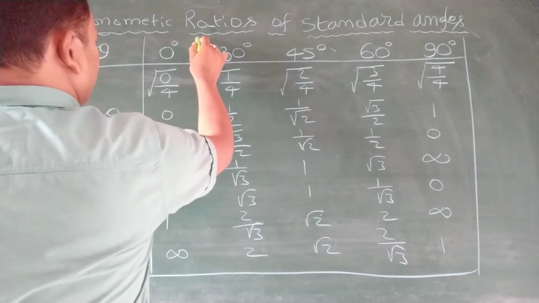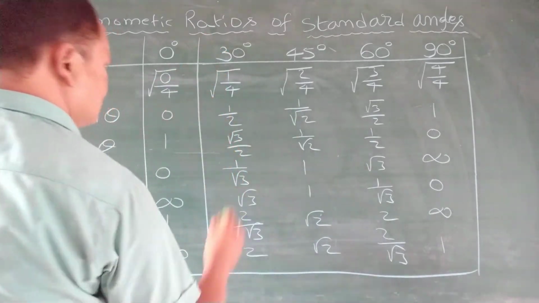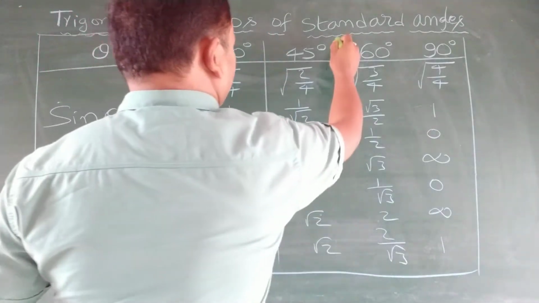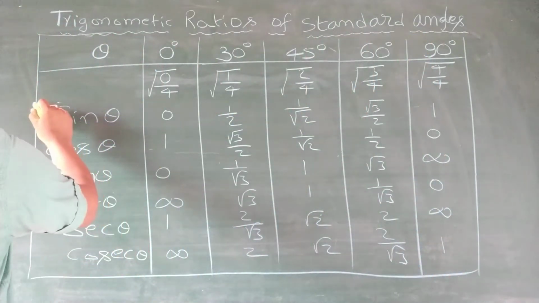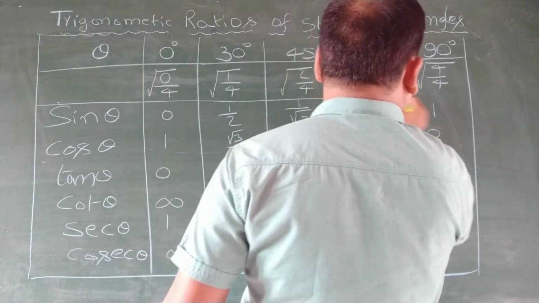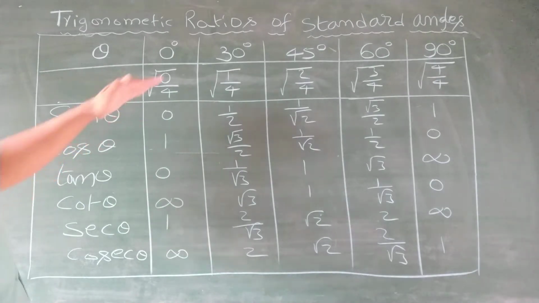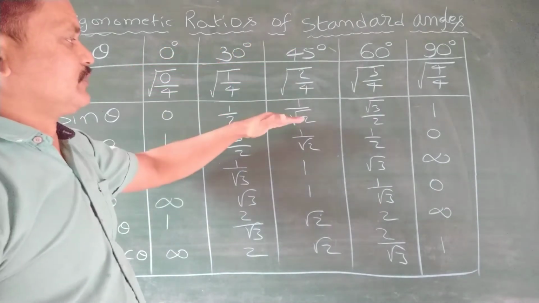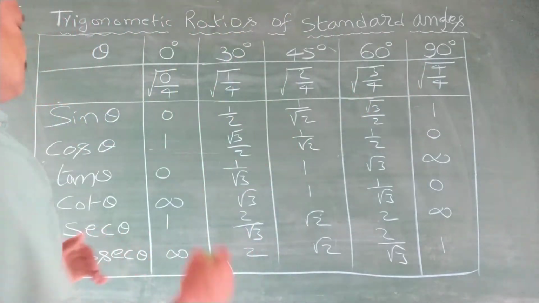Now you have to take tabular form like this. Now from this, observe here: sine 0 is 0, sine 30 is 1 by 2, sine 45 is 1 by root 2, sine 60 is root 3 by 2, sine 90 is 1. That's all.